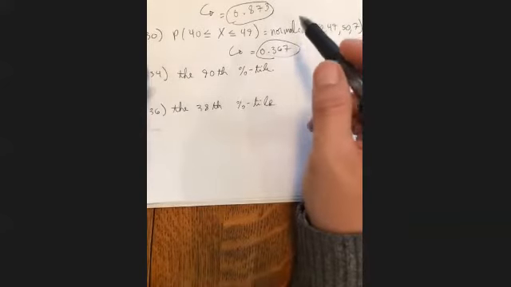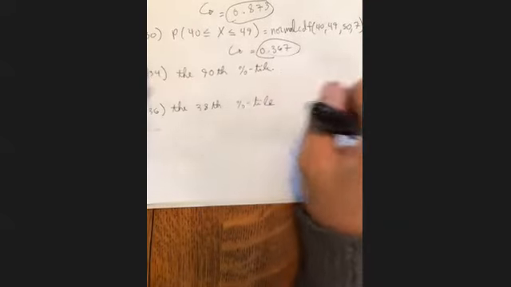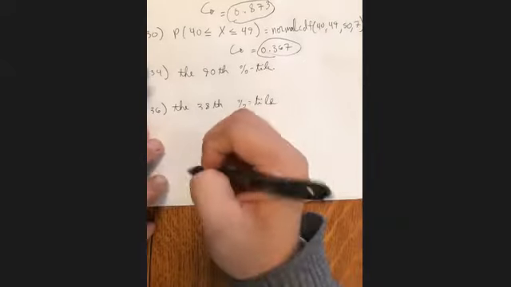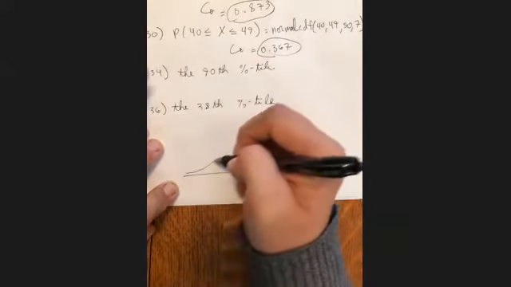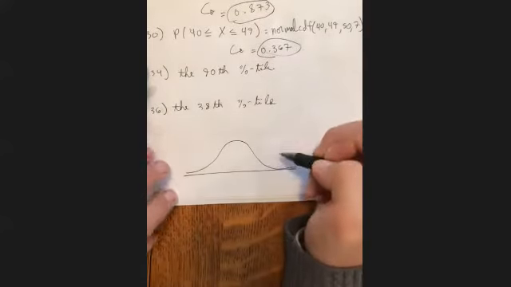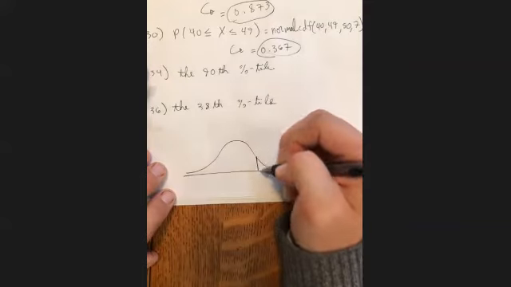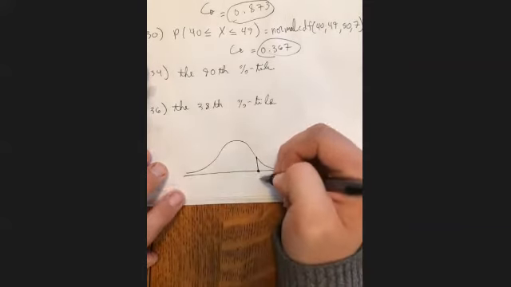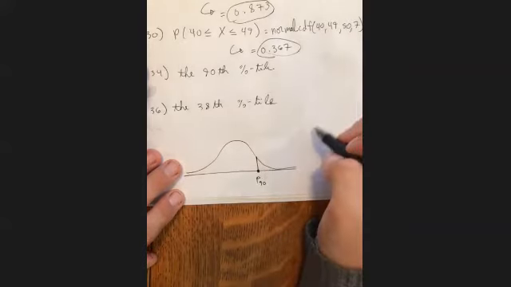Now, these last two problems, you're asked to find the 90th percentile and the 38th percentile. So for these problems, let me draw a picture here for number 34. You've got your bell curve, and it's asking us for the 90th percentile. So there's a value down here on the x-axis, which we call P90, that we're looking for.